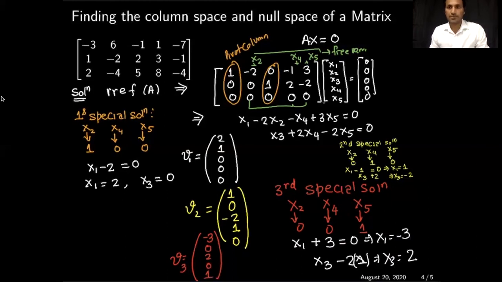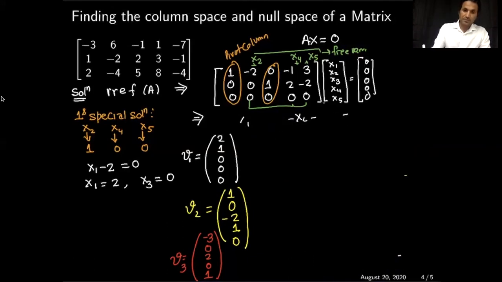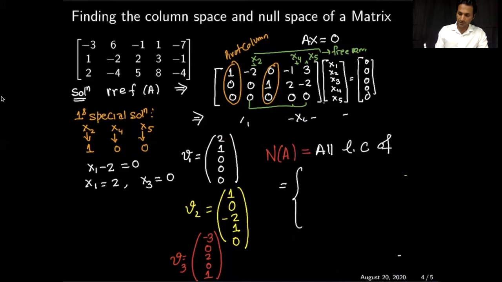So these are my three special solutions. Once I have these three special solutions, I can write down the null space. The null space of the matrix A is basically all linear combinations of these three special solution vectors.